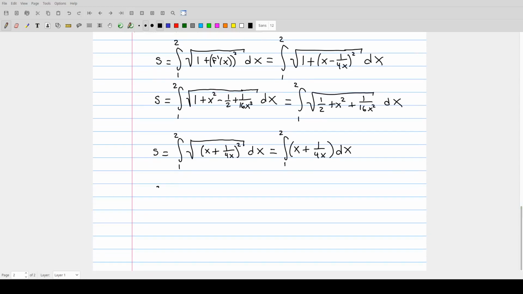And so this gives us that the arc length S is this integral right here, which we can evaluate using our standard method, which is to take the antiderivative of this function, which is x squared over 2, and then the antiderivative of this function is going to be 1/4 times the natural log of the absolute value of x, from 1 to 2.